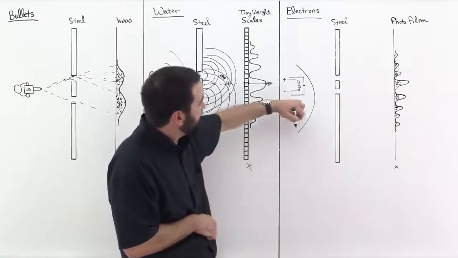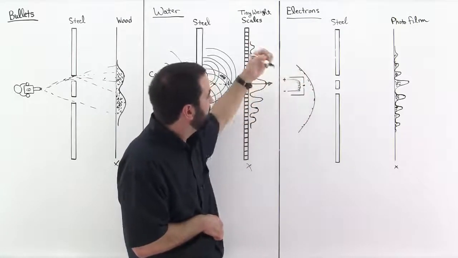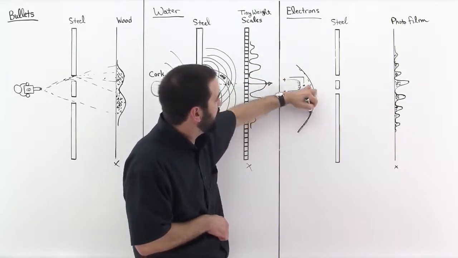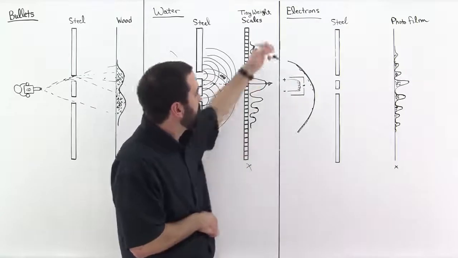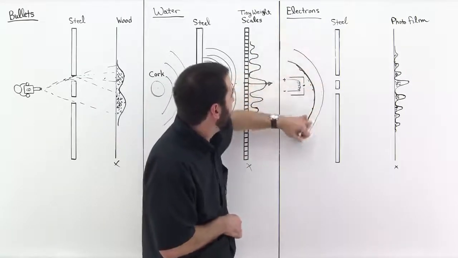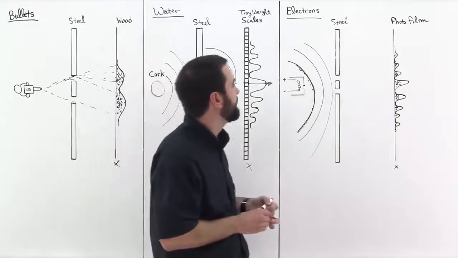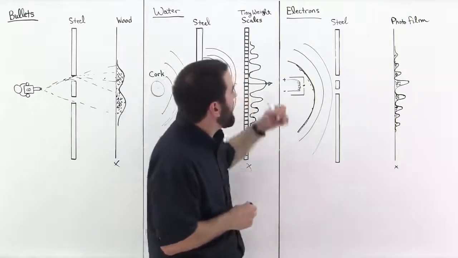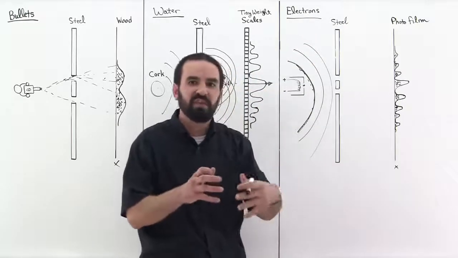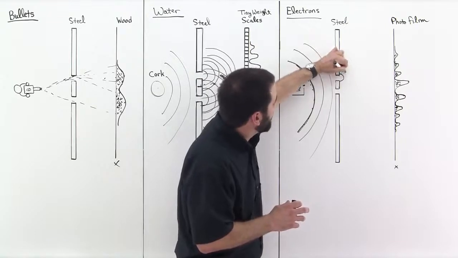It's not determined where that electron will be, but it is just a realm of possibility, a wave of possibility, where the electron could be. And that wave of possibility approaches the steel barrier, and that wave of possibility diffracts through the two slits.